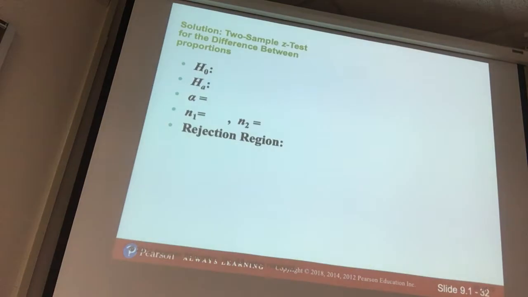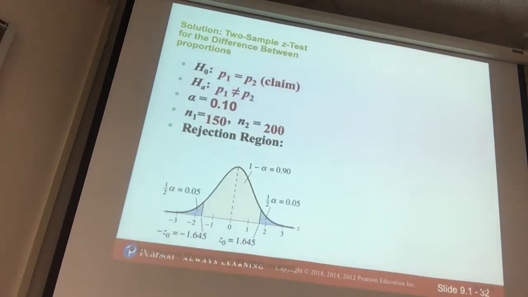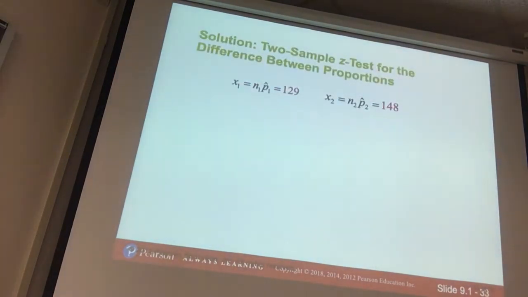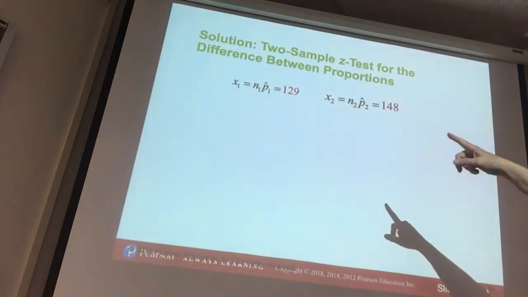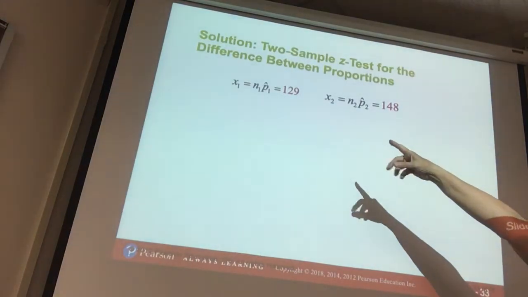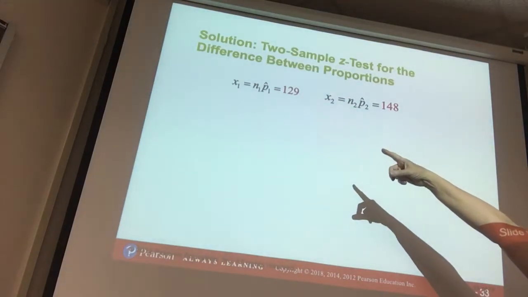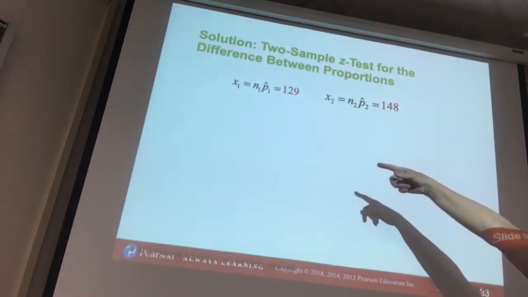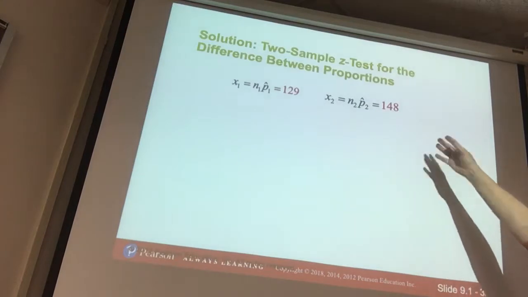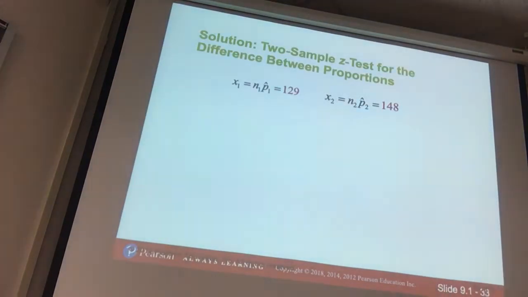So basically what we do is we come here. What is an X1? It's going to be the number in my sample times the proportion for that sample. So I multiply them together and I get the X1. I get the X2. It's just a multiplication that we have to do. And then we pool them.